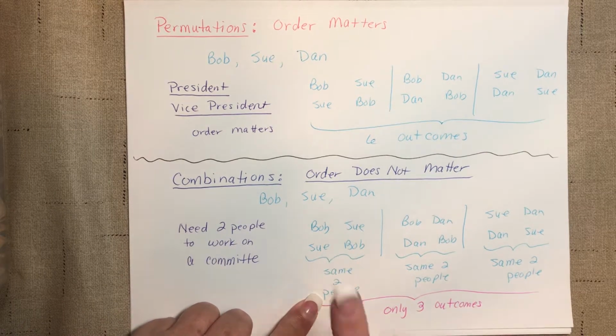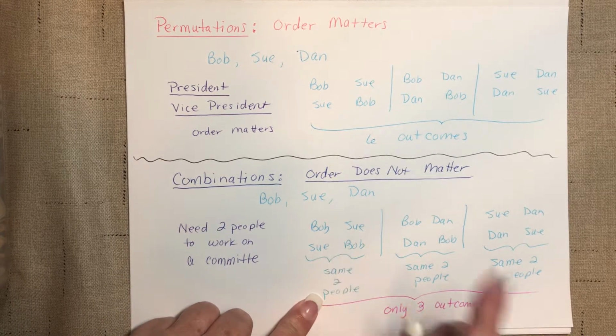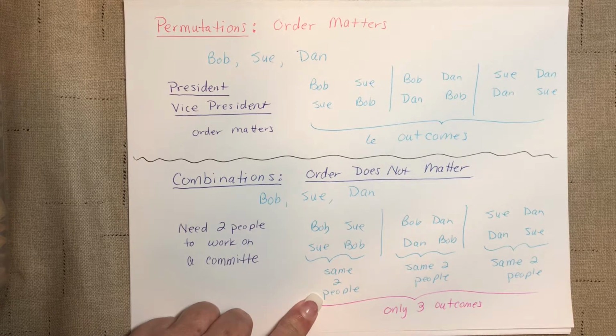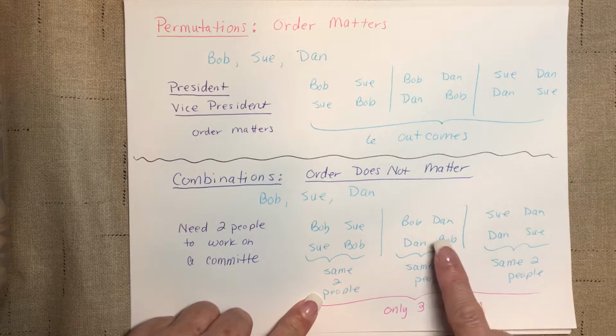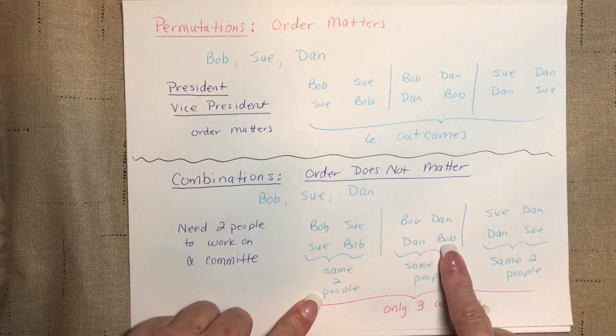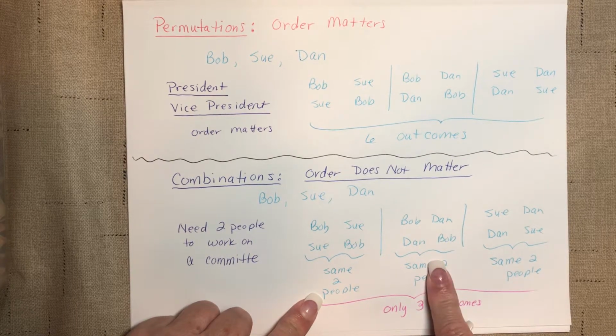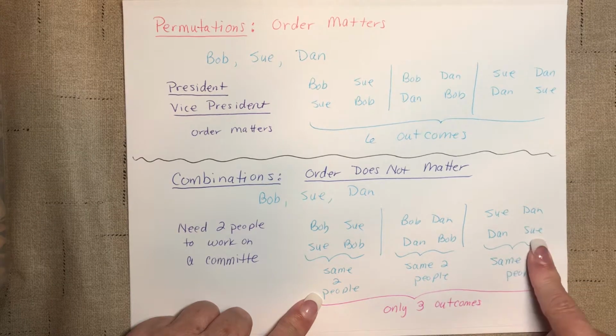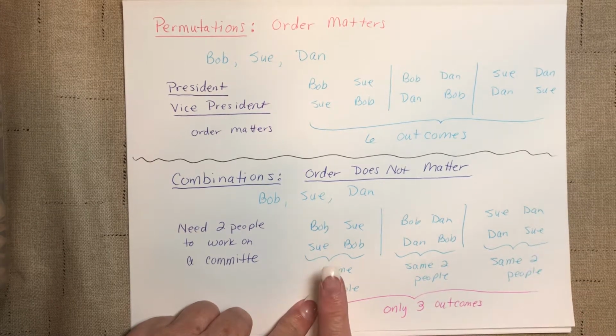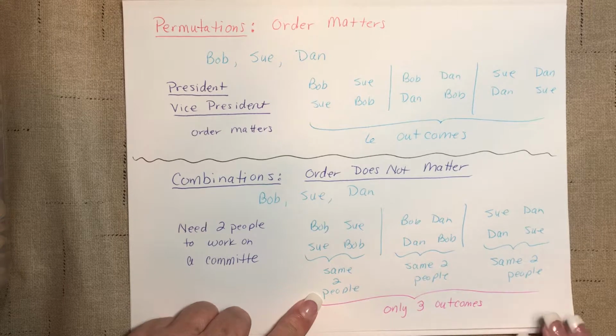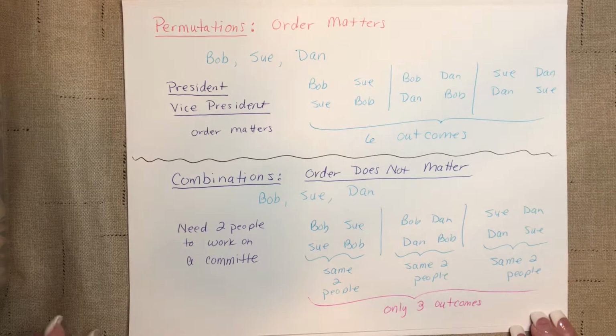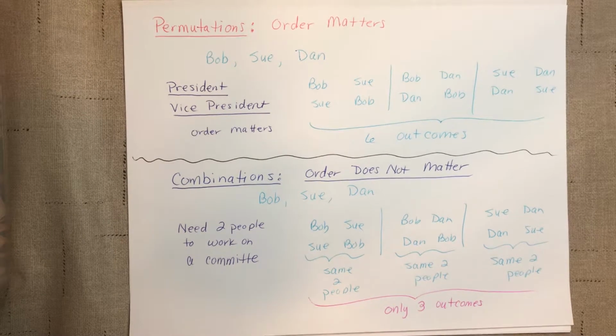That's actually just one combination. Same thing with Bob and Dan or Dan and Bob, and Sue with Dan, Dan and Sue. So I really only have 1, 2, 3 possible outcomes on a combination because order doesn't matter.